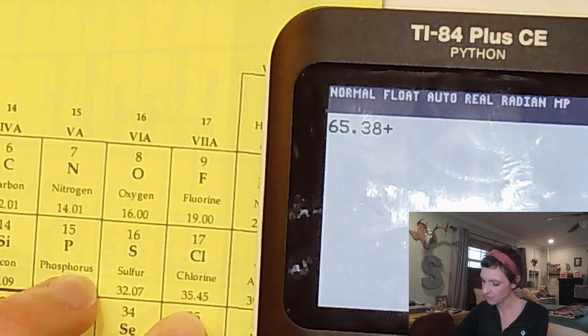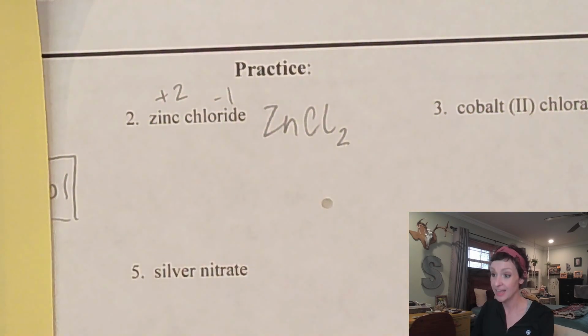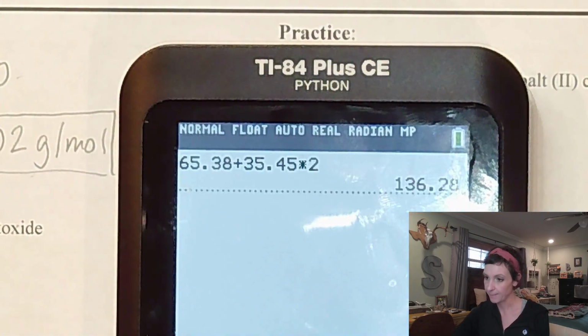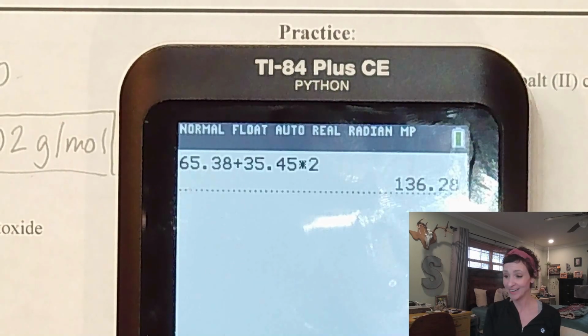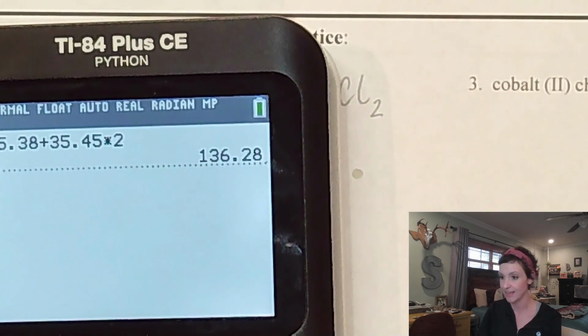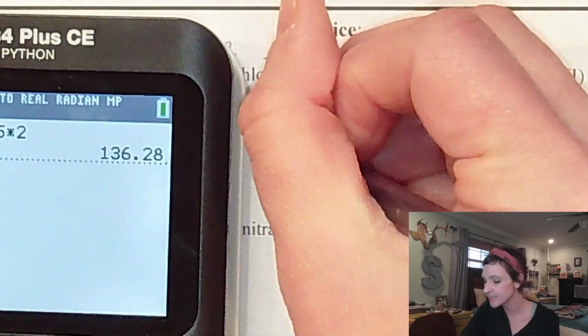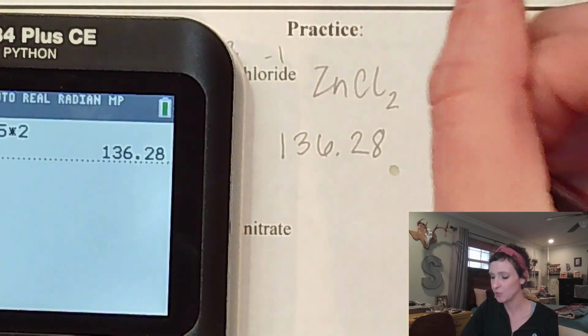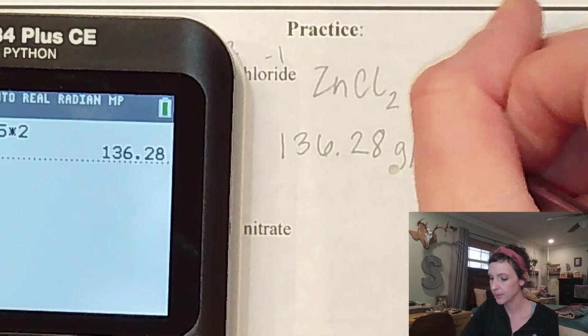So bumping in chlorine here, 35.45. And according to my formula, there are 2 of them, so I do need to multiply that by 2. Okay, so the molar mass for zinc chloride, let's see, is 136.28. So I am ready to write that down. 136.28, and the units, of course, are grams per mole.